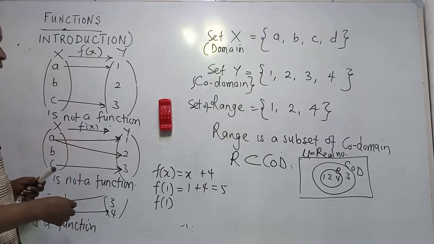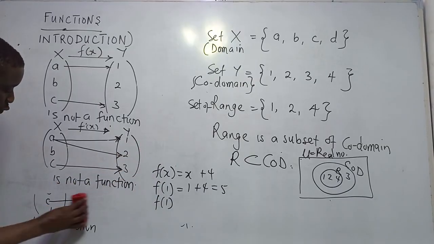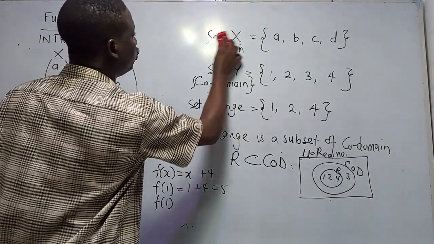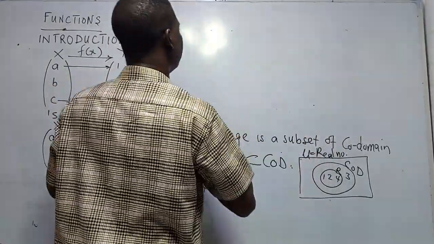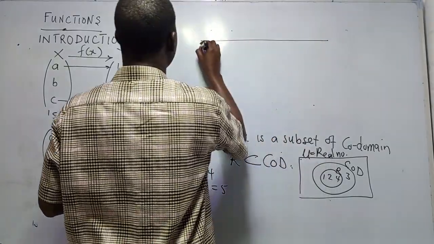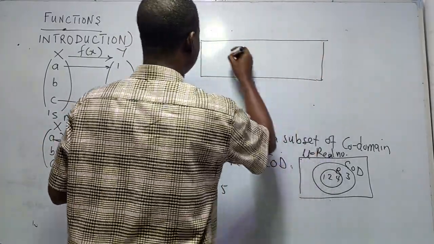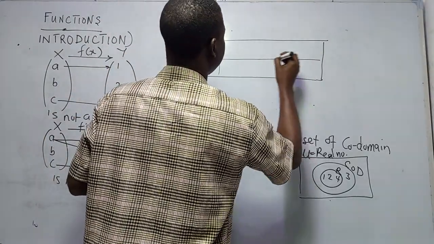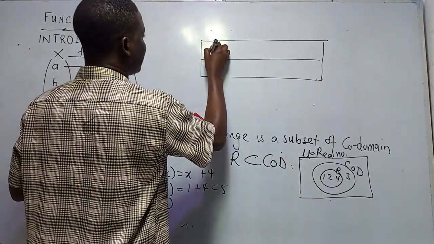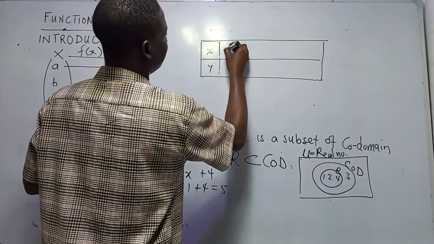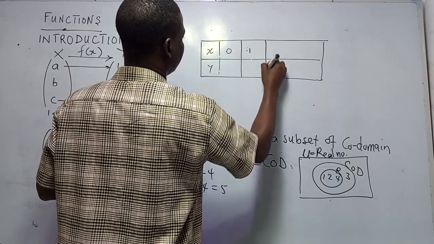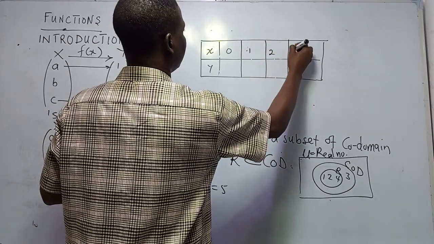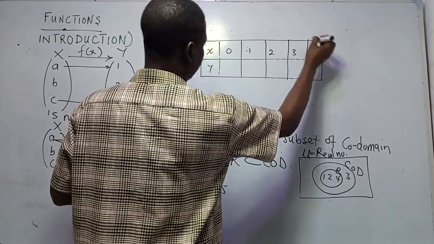That's what I'm saying. Let me use this particular example for us to check the uniqueness. I think table format will be best for us. Let's say this is x and this is y. So we have 0, 1, 2, 3, and 2 again.